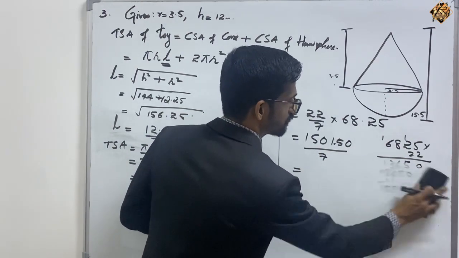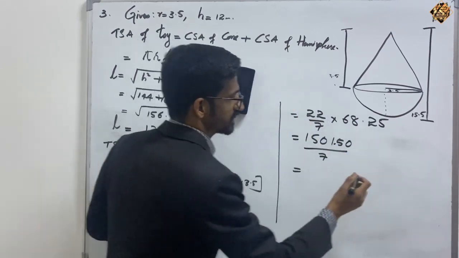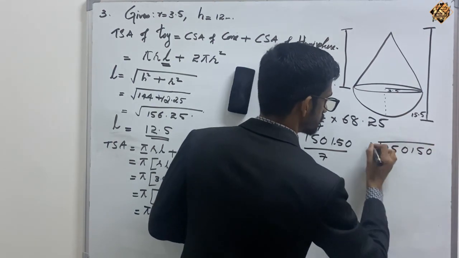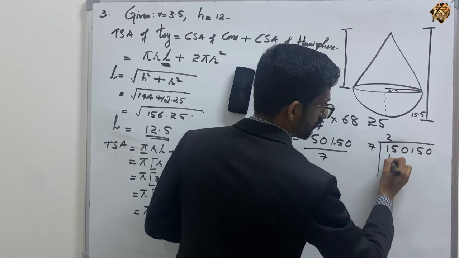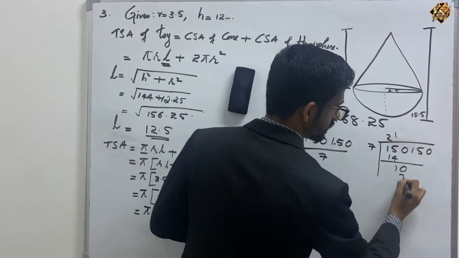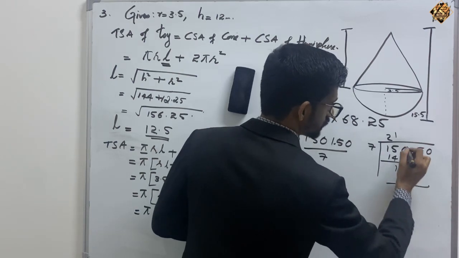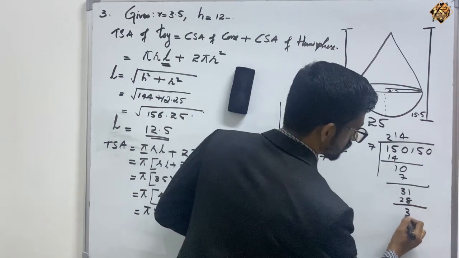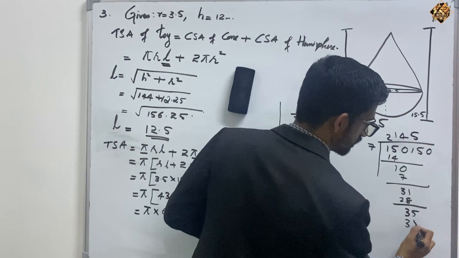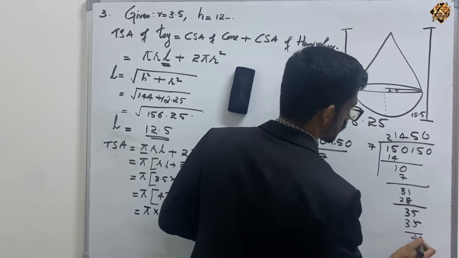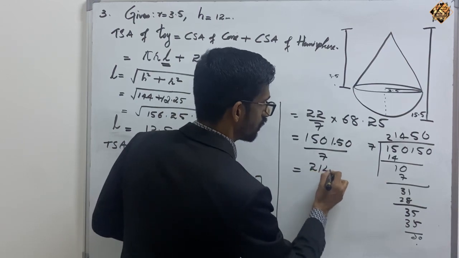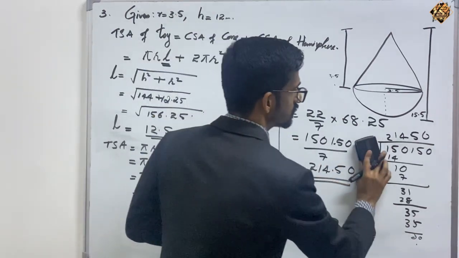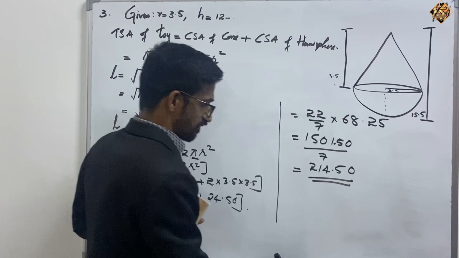Now finally we will have to divide this to get the final answer. So 1501.50 divided by 7 gives 214.50. So 214.50 square centimeter is the total surface area of the toy. Hope it is clear.